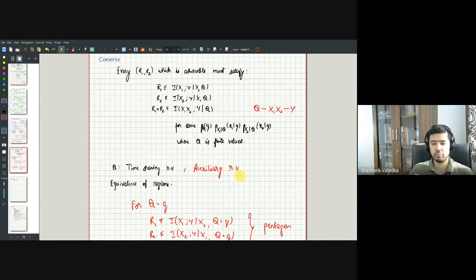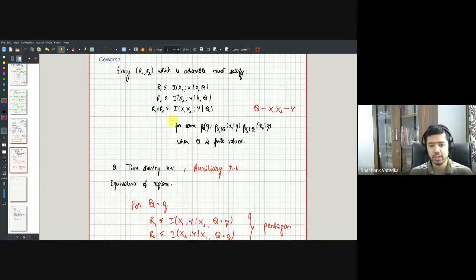It's a complicated union of many pentagons, and that is a more complicated way of describing a rate region. But by introducing this auxiliary random variable, I can simply state it in terms of three inequalities. I don't have to say that it's a union of many things.